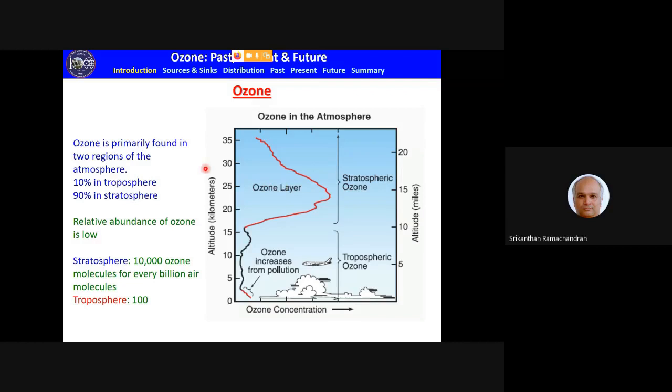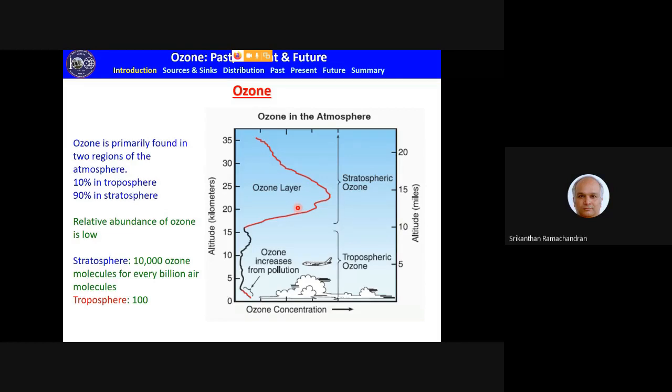In the stratosphere, where it is maximum, with 90% contribution to the total ozone, there are 10,000 ozone molecules for every 1 billion air molecules, meaning 1 into 10 to the power of 9 air molecules. When it comes to the troposphere, which contributes only 10% of the total ozone, the number of ozone molecules is only 100.